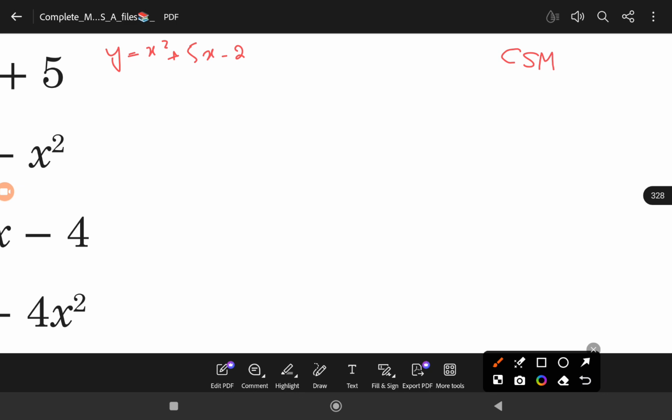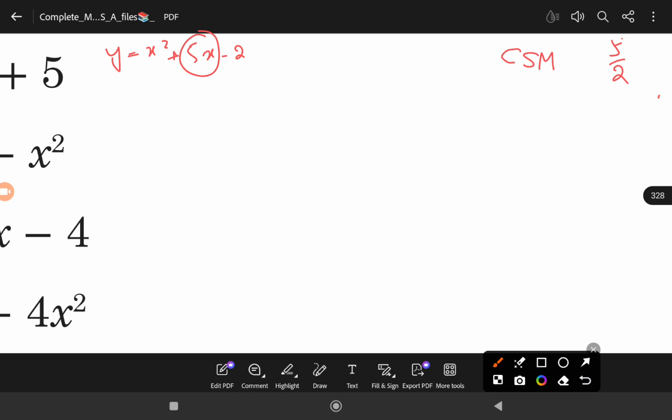The completing square method is basically: we pick the coefficient of x and divide this coefficient by 2. We will get some number in decimal, but I'm using fractions because it is a non-calculator exercise. So the answer is 5 over 2 here.